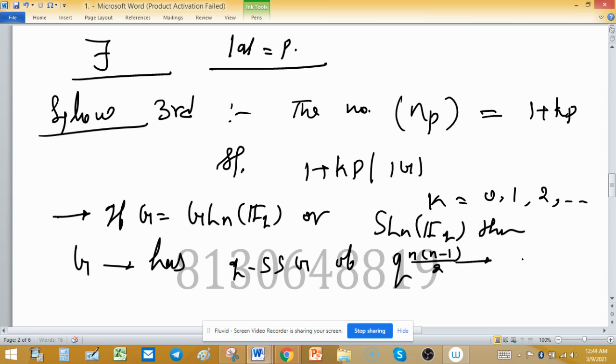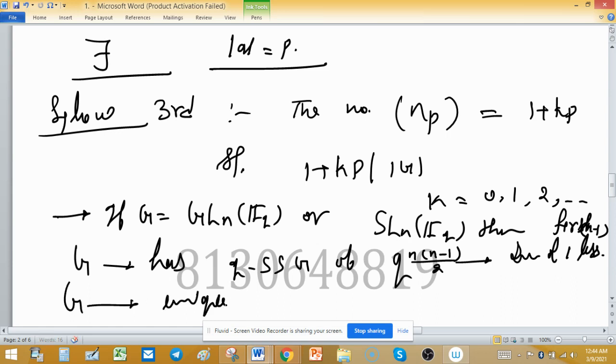This is the sum of the first n minus 1 natural numbers. If G has a unique Sylow p-subgroup of G, then this is normal in G.